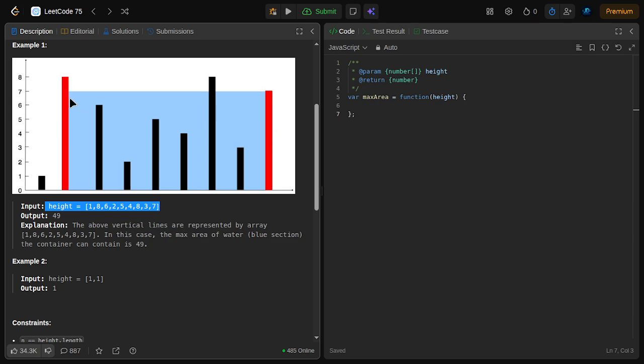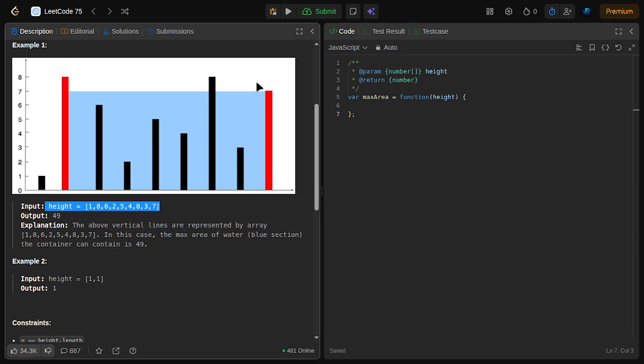For this type of problem we use the two-pointer approach. I already told you in previous videos, the two-pointer approach has two cases, left or right, meaning the starting index and the ending index. For calculating the area we need the starting index and the ending index of this array.